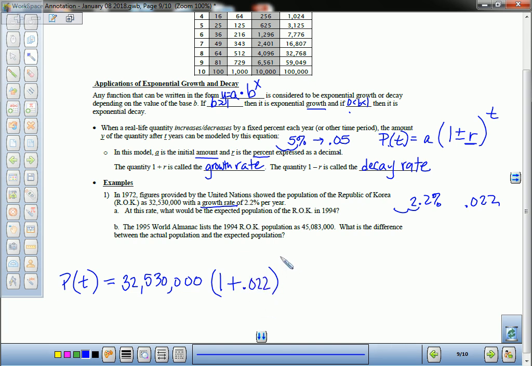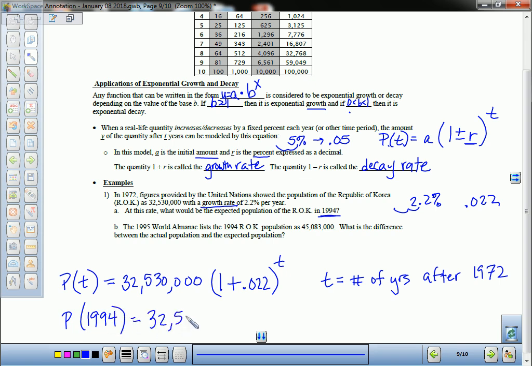All right, and this is t for time in years, and this time is the number of years after 1972, because that's what the problem was referencing. So in part A, if we're looking at 1994, how many years after 1972 is 1994? Well, in that case, the population in 1994 would be modeled by this equation.